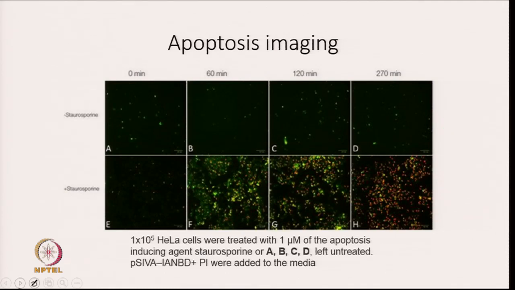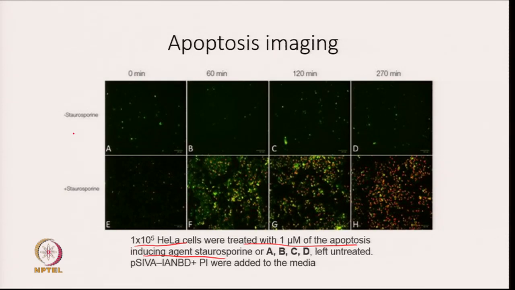We can also image the phenomenon of apoptosis using fluorescence imaging. Here is an example where 1 into 10 to the power 5 HeLa cells were treated with 1 micromolar of the apoptosis inducing agent staurosporine.